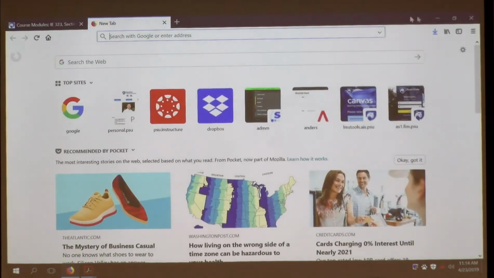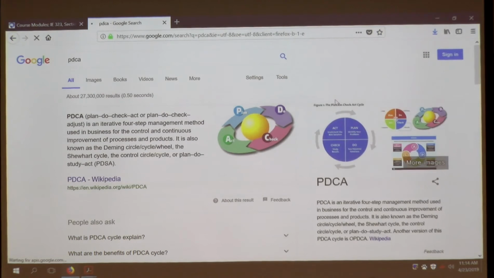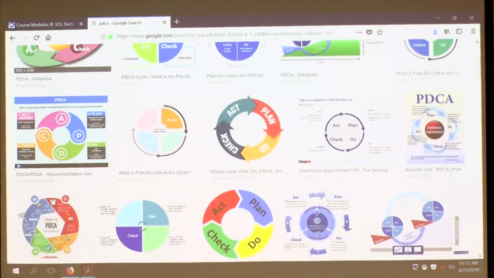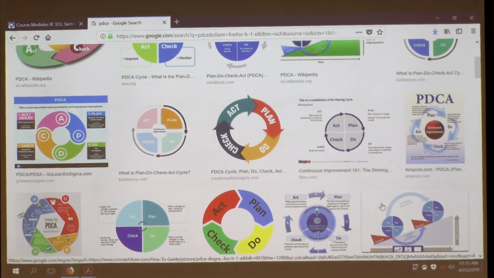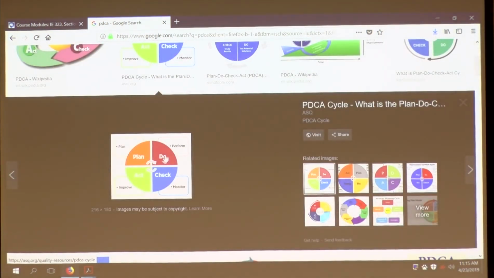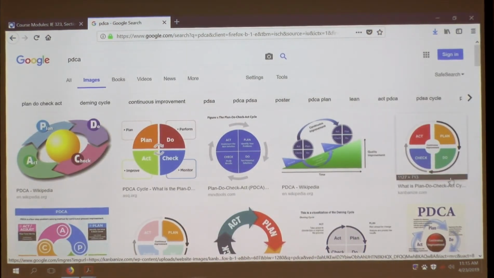And this is the famous PDCA. In IE, we have PDCA. What is PDCA? PDCA means first you plan. This figure is better, but this one is so small, so let me just use this one right here.